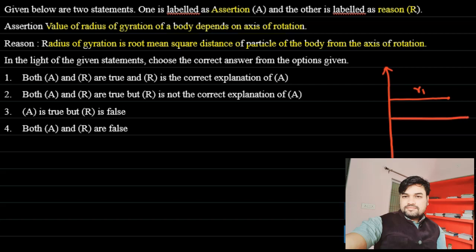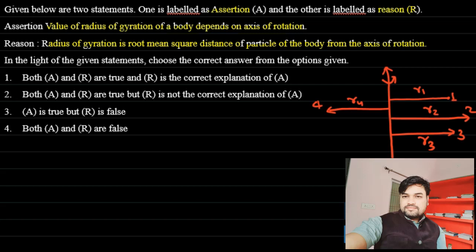Similarly, another particle is at a distance r2, third particle is r3, and so on for all other particles. This is the distance from the axis of rotation.